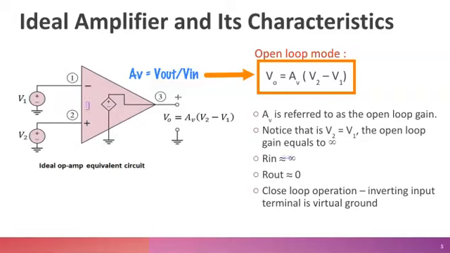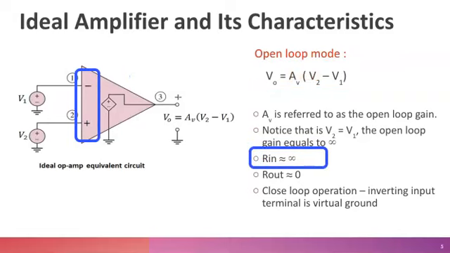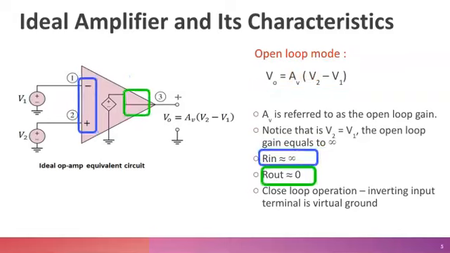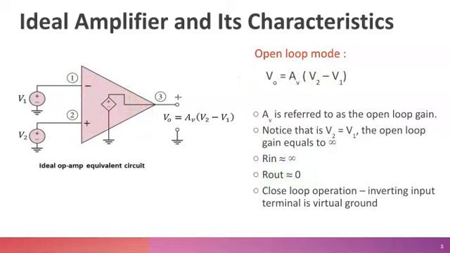In an open loop condition, ideally, the input resistance Rin is infinity and the output resistance Rout is 0. However, large gain variations, even for the same type of op-amp, can occur as a result of the fabrication processes used.